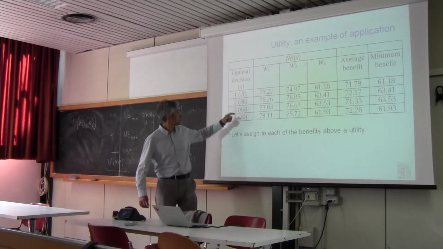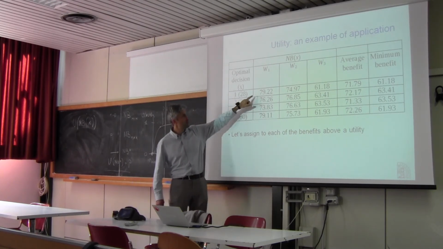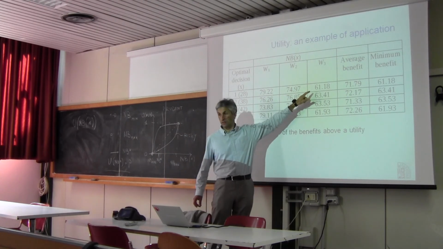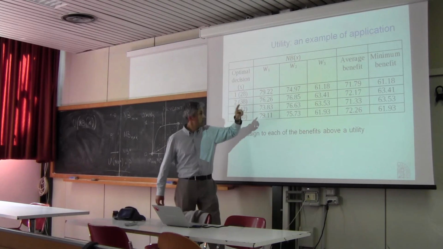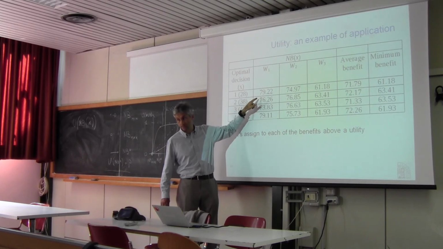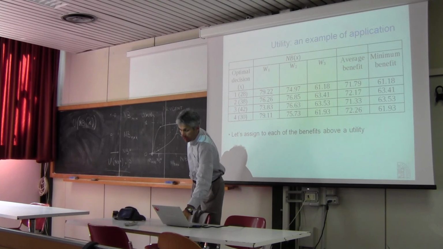This is my table. So I'm now looking at this decision, 28. So the possible benefits are these three, 79, 74, 61. And I want now to associate to each of these possible benefits their utilities. This is what I'm doing here. So now I move forward.